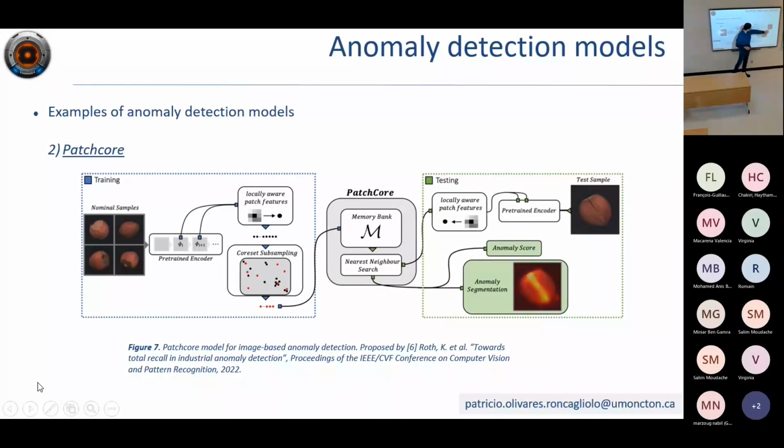For every test sample, you will also learn the features for every single patch of your image, and calculate the nearest neighbor, with the neighbor set that we discuss later, between those patches and the memory bank. Then you calculate the anomaly score. Of course, you have to decide a threshold, selecting at what point you will treat the data as an anomaly or as normal data.